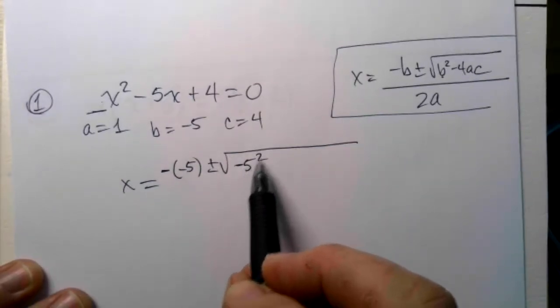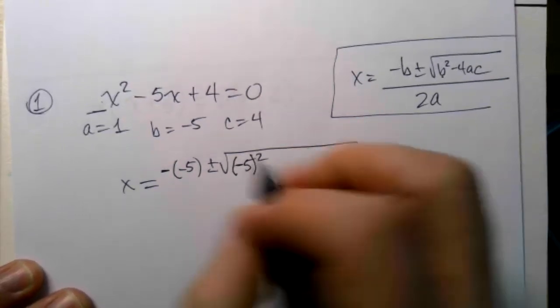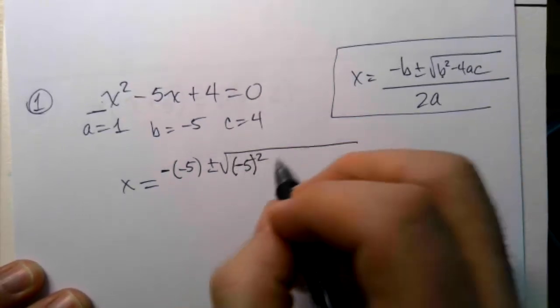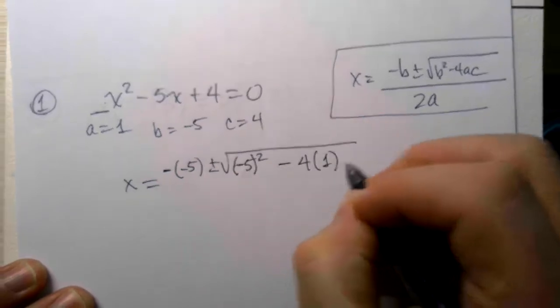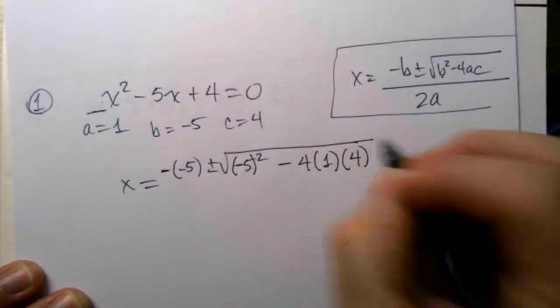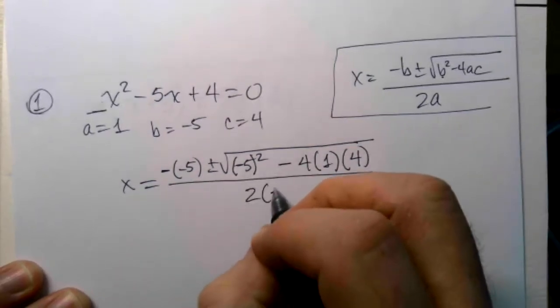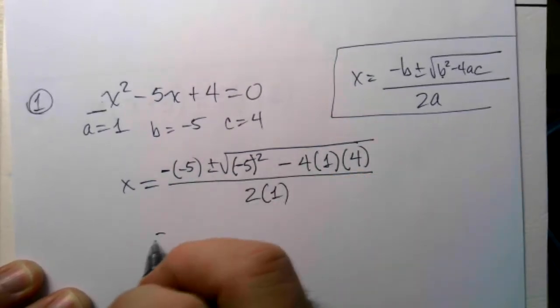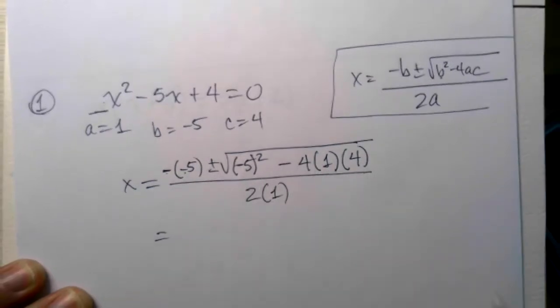That's really only the 5 being squared, and then we make it negative. And if you type it into a good calculator, it's going to give you the wrong answer unless you have parentheses there. Minus 4 times a times c. So I'm just filling in the numbers, all over 2a. Okay, so negative b plus or minus the square root of b squared minus 4ac all over 2a.